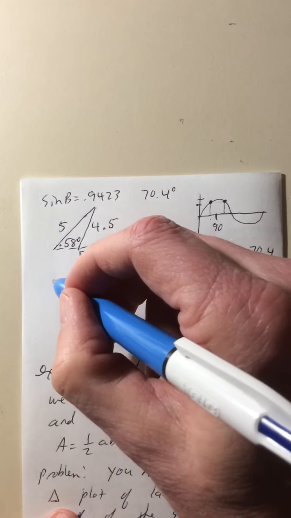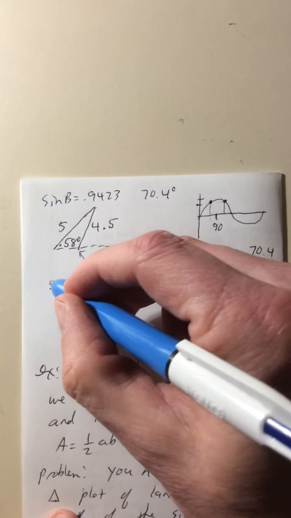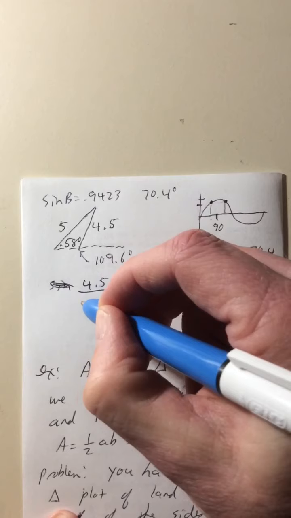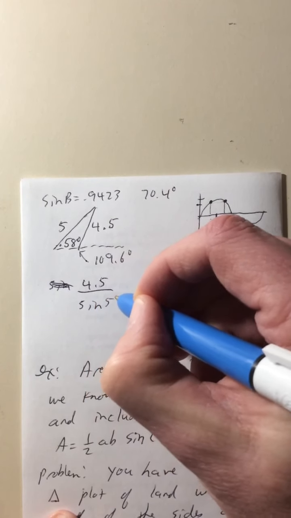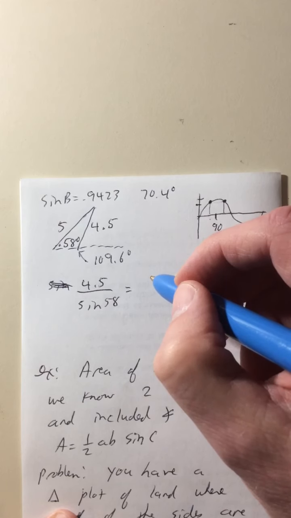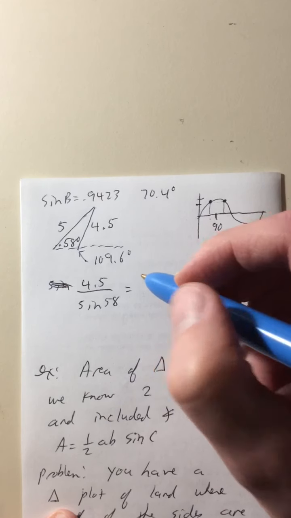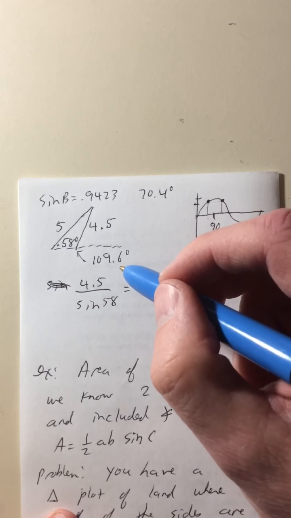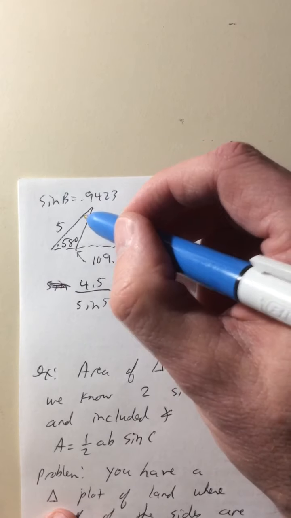And so we got the sine of, let's do 4.5 over the sine of 58 equals, what are we missing right here? I already figured that out. So we need to find this angle up here.